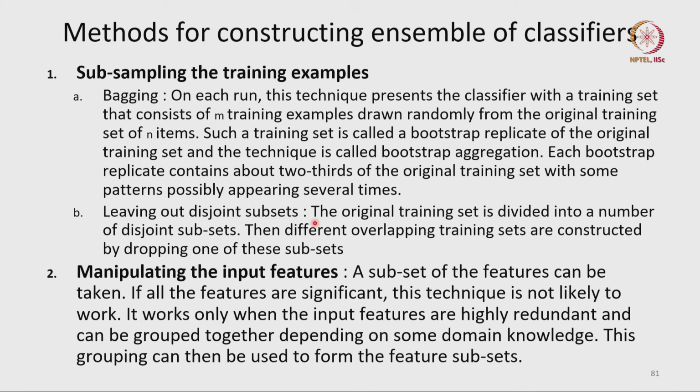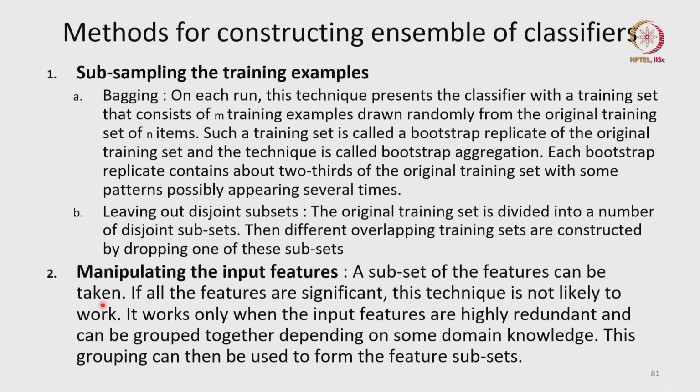So, you divide the data into a number of subsets and you take a combination of some of these subsets, leaving out some subsets each time. Okay. So, you drop one subset at a time and you will get a different data set basically.